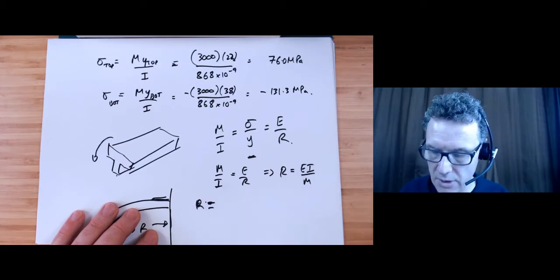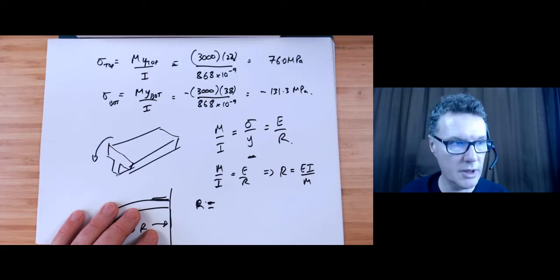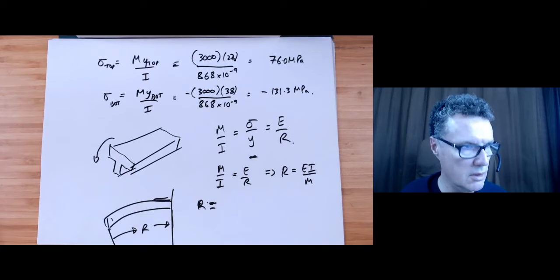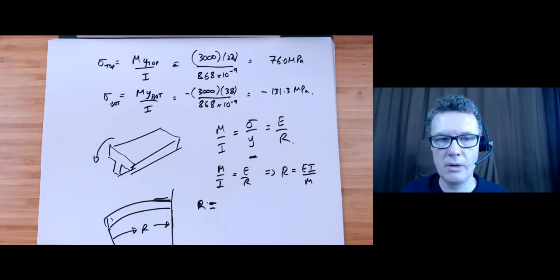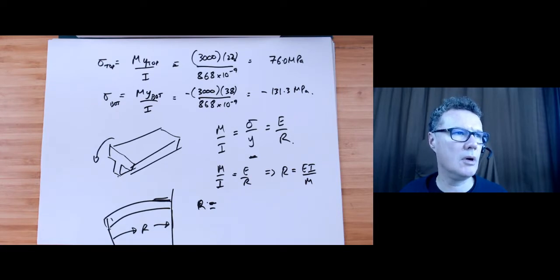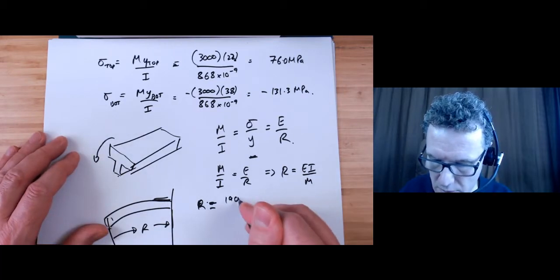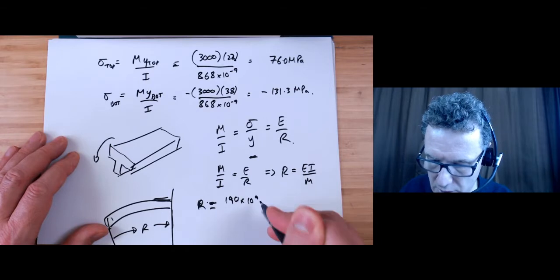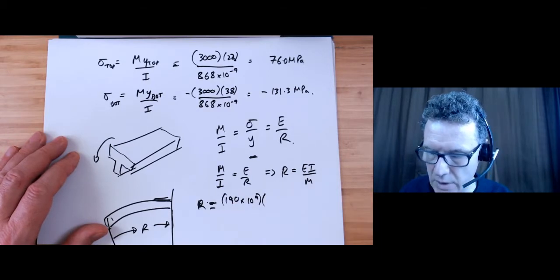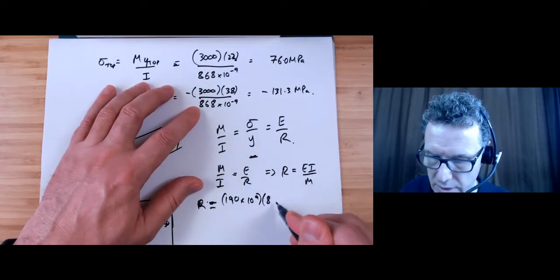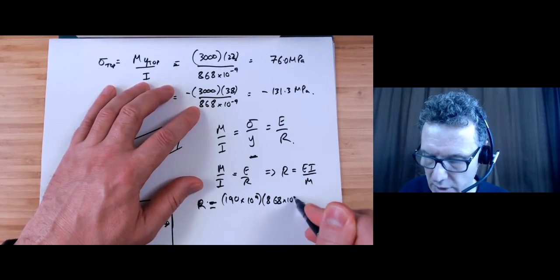So what we're going to have, the E is 190 times 10 to the 9, and your I is 868 times 10 to the minus 9.